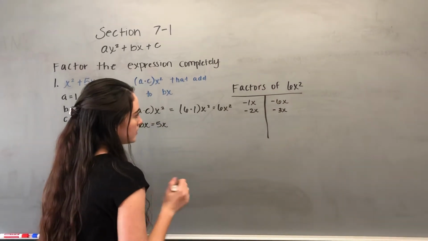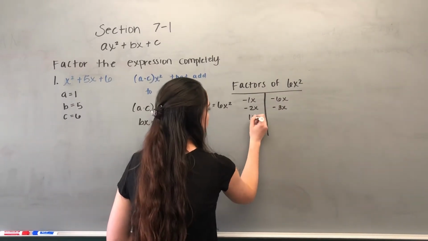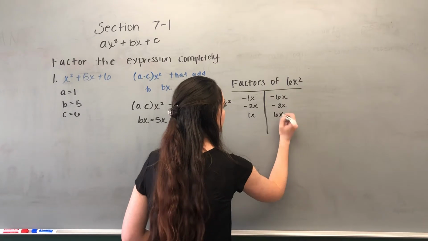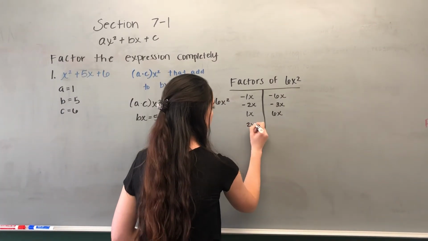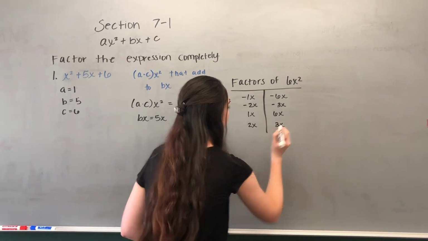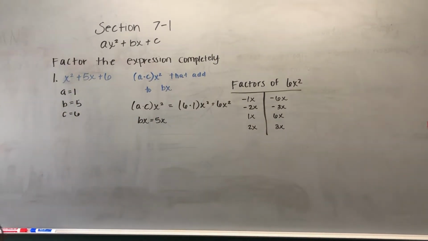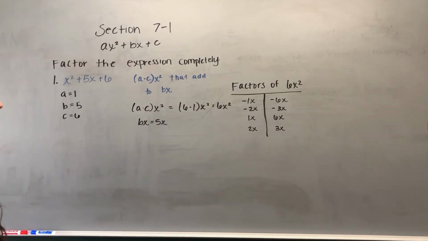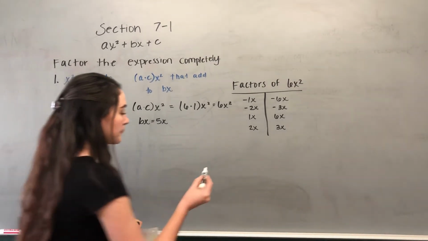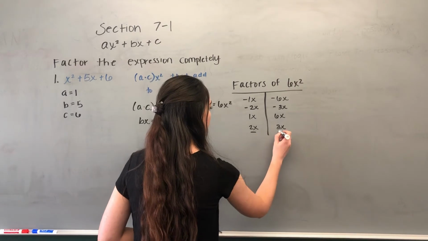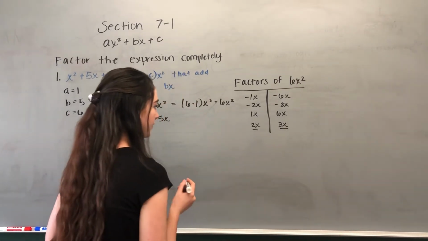Now what are some other ones? We can just do 1x times 6x, right? And then we could also do 2x times 3x. So now let's look at these factors. What factors add to get 5x? Well, I see 2x plus 3x is 5x.